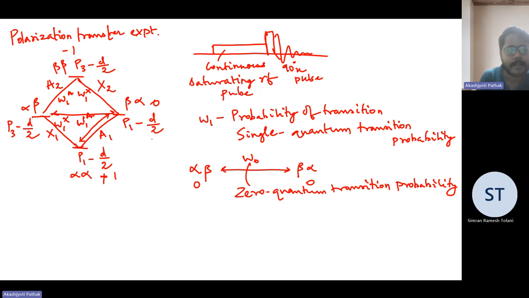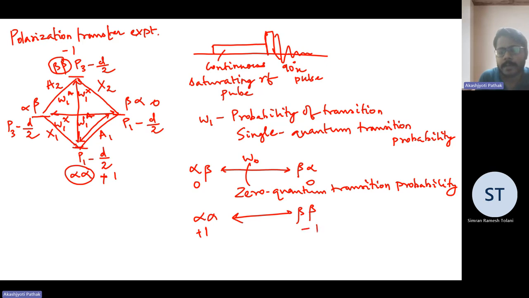And if we look into the transition from alpha alpha to beta beta, this one. Alpha alpha to beta beta: this was plus half, so plus one in total, and this is minus half, so minus one.